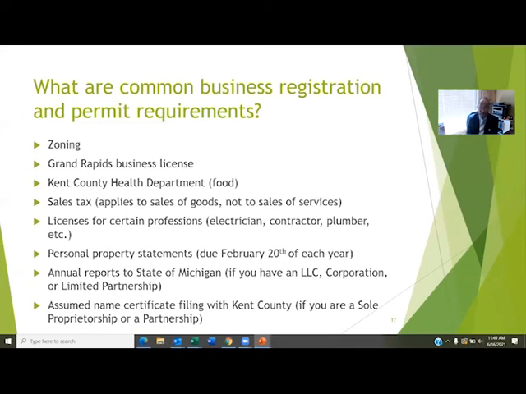Also with the county, with food service, if you're serving food to anyone for money, you're going to have to deal with the health department and be properly certified. Understandably, no one wants someone serving food to people who are not complying with proper health standards.